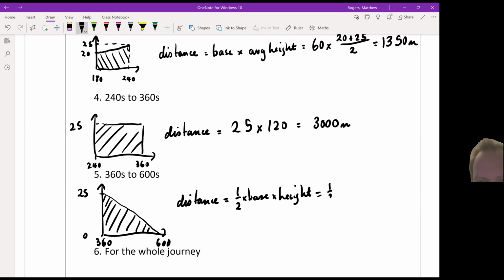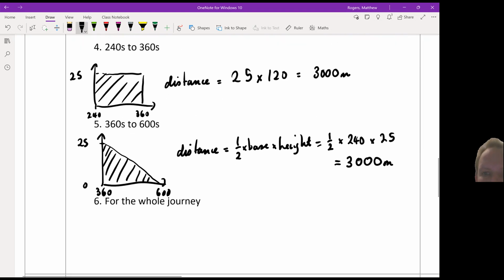That is a half times the base here, which is 240 seconds, and the height is 25, giving us another 3,000 meters.